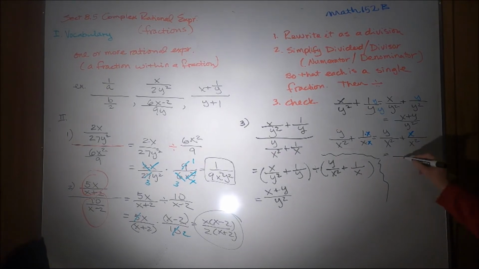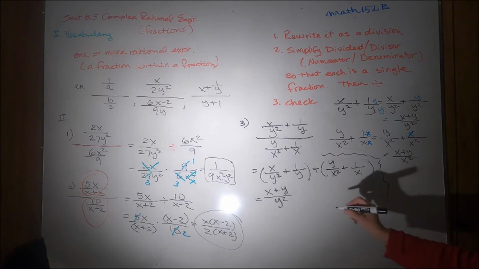Then what do we have? x squared y plus x is the same thing as x plus y, right? 5 plus 3 equals 3 plus 5. They are the same. So we make the denominator a single fraction as well.